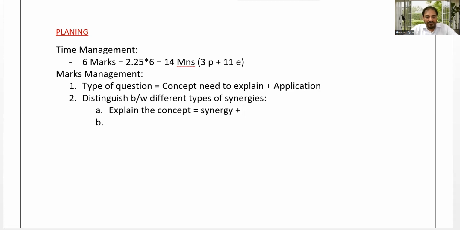Then define revenue synergy, then define cost synergies due to economies of scale and so on, and finance synergy. Just one or one and a half line statements, because here you will get only 2 marks out of a total of 6 marks.